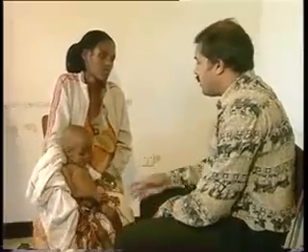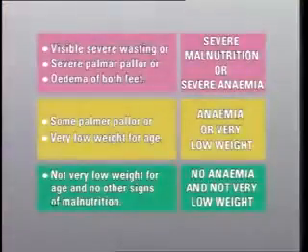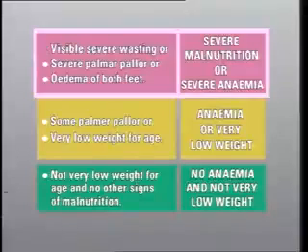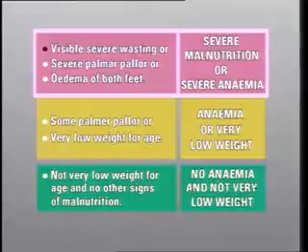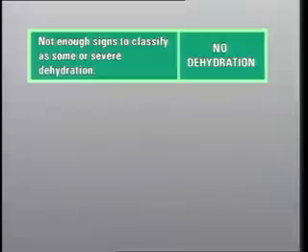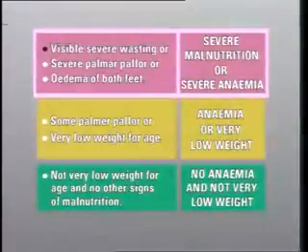The health worker determined that Jenny was very low weight for age. Jenny's sign of visible severe wasting places her in the pink row, severe malnutrition or severe anemia. Jenny is therefore classified as having pneumonia, diarrhea with no dehydration, and severe malnutrition.